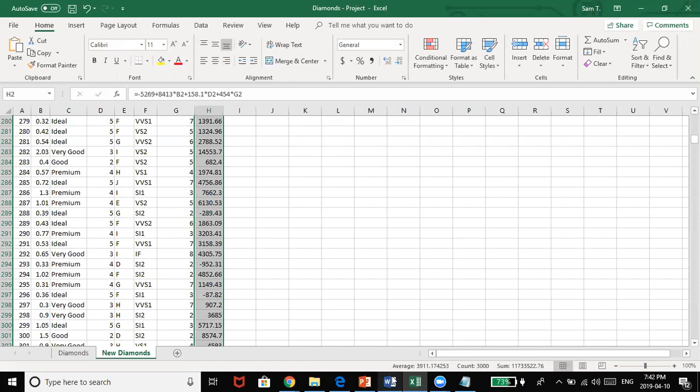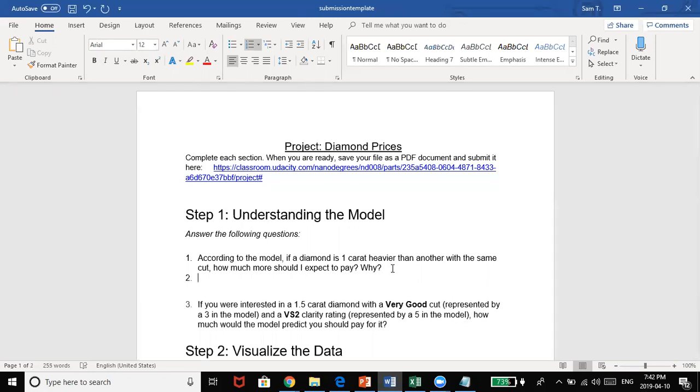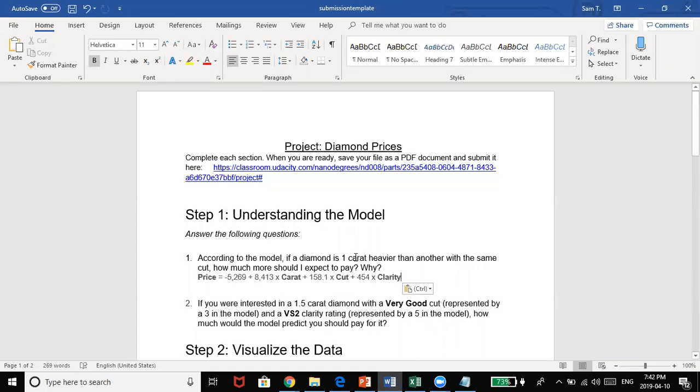So in the Word document that was provided, they say according to the model, if a diamond is 1 carat heavier than another with the same cut, how much more should I expect to pay and why? So in this case, all you're doing is just looking at the price, and they're saying if the diamond is 1 carat heavier, so if you keep all the variables constant, so you keep the cut constant, you keep the clarity constant, how much more are you expecting to pay?